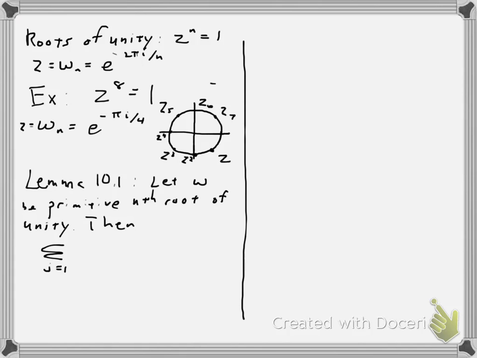If we sum from j equals 0 to n minus 1 omega to the jk, it equals n if k divided by n is an integer, and 0 otherwise.